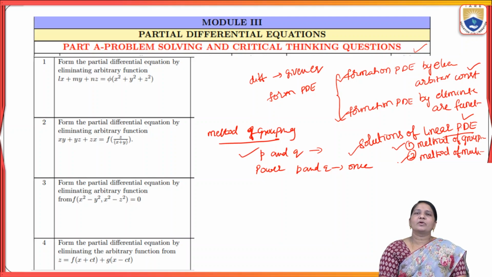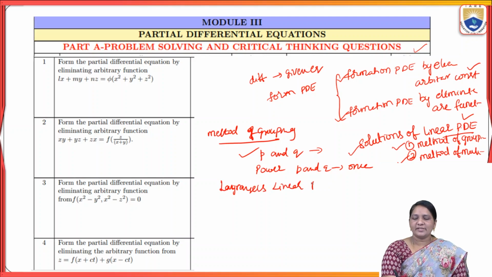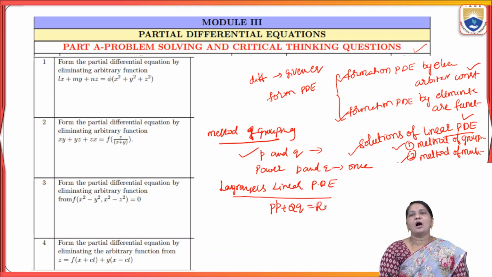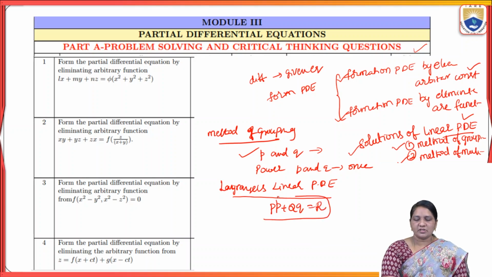Here we take the linear partial differential equation, that is Lagrange's linear partial differential equation. The form of Lagrange's linear partial differential equation is capital P into small p plus capital Q into small q equal to R. This is the equation form of Lagrange's linear equation.